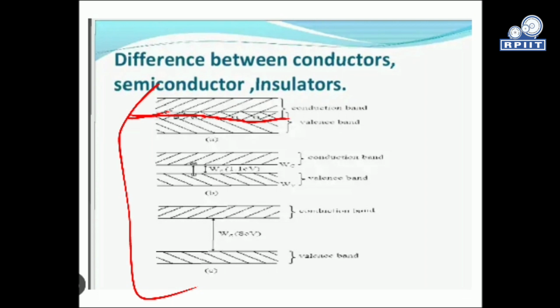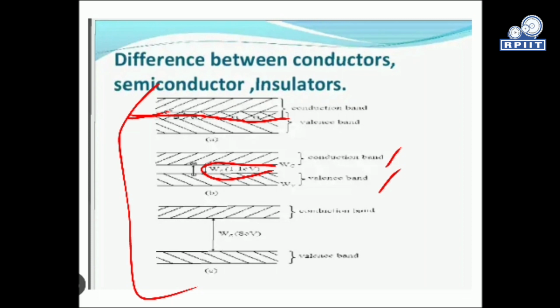The next one has a conduction band and valence band where the gap between the two is very narrow, so it has an energy gap of about 1.1 eV. It needs some voltage applied for current to flow through it.